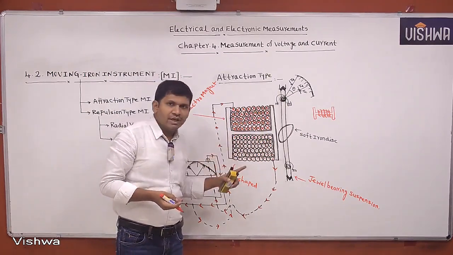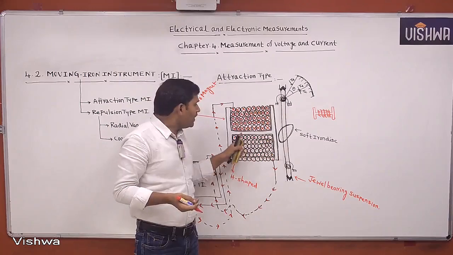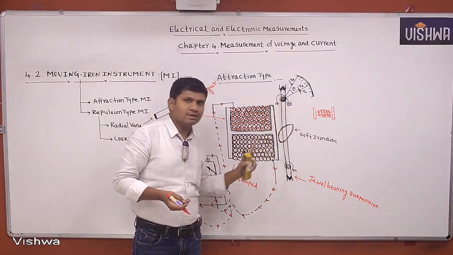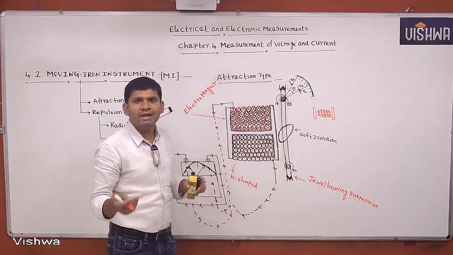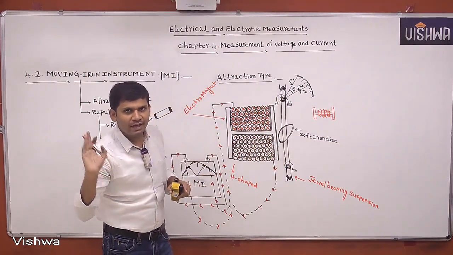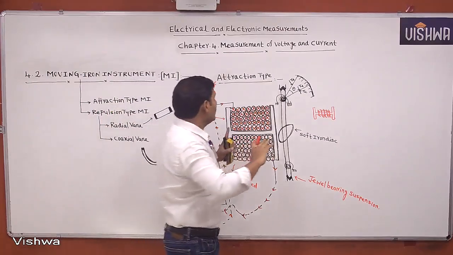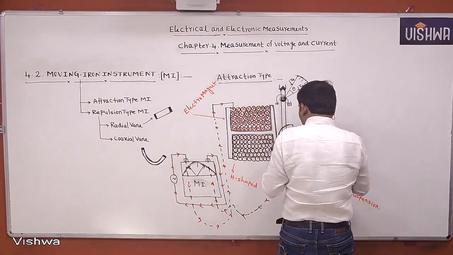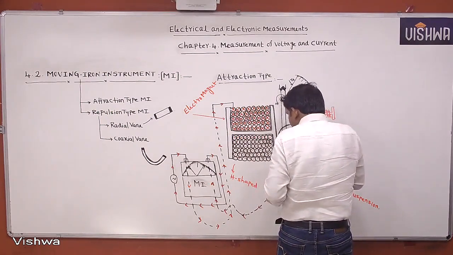One observation here: we are allowing current only through the coil. We are not allowing the current through the springs. That's why in the moving iron instrument, the springs do not carry the current. This total arrangement can also be represented like this.